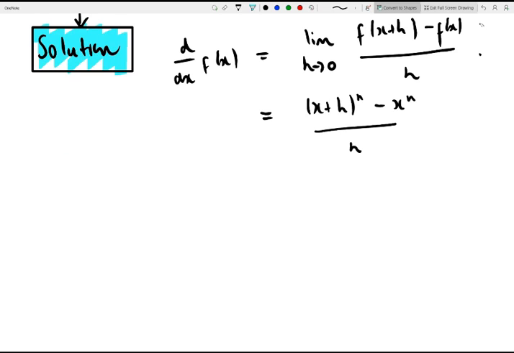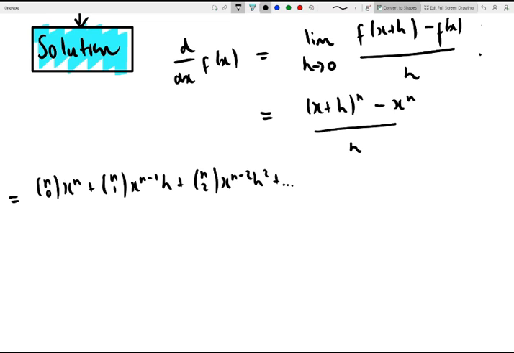So if we multiply this out using the binomial expansion formula, we have n choose 0 x to the n plus n choose 1 x to the n minus 1 times h plus n choose 2 x to the n minus 2 times h squared plus everything in the middle plus n choose n minus 1 x times h to the n minus 1 plus n choose n times h to the power of n, minus x to the n.